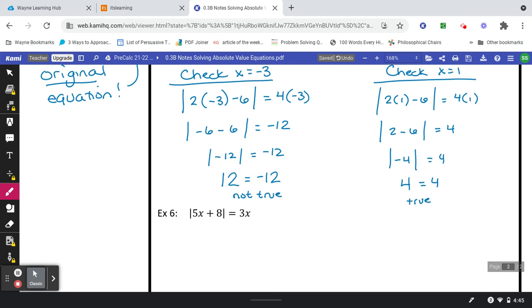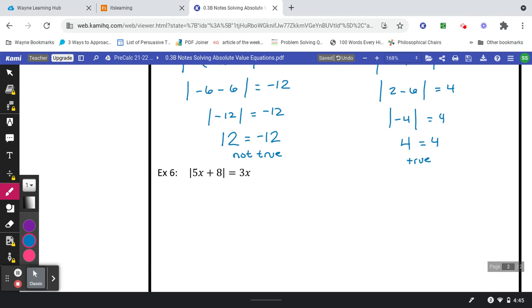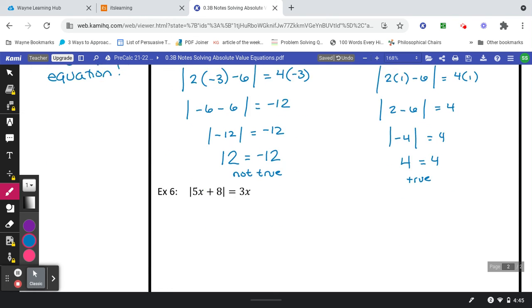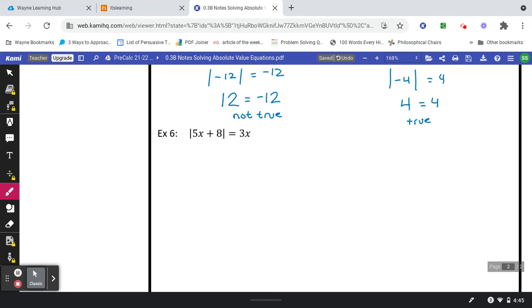Example 6 would be a great one to try on your own if you just want to pause the video here. Give it a shot, and then you can turn it back on. I'm going to go through this one pretty quickly, assuming that you paused your video and tried it.